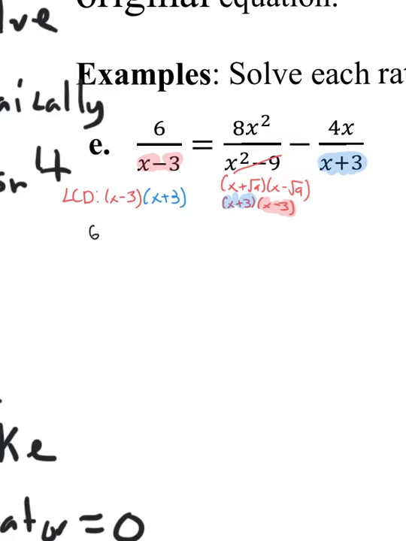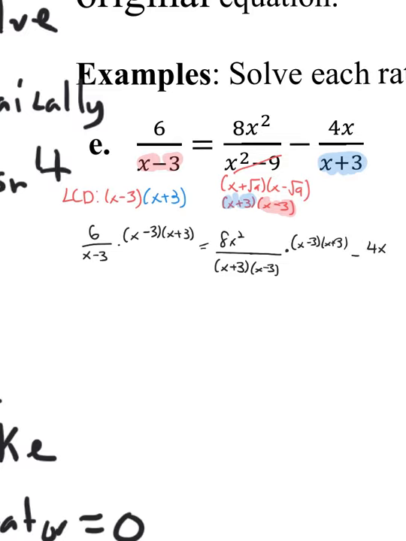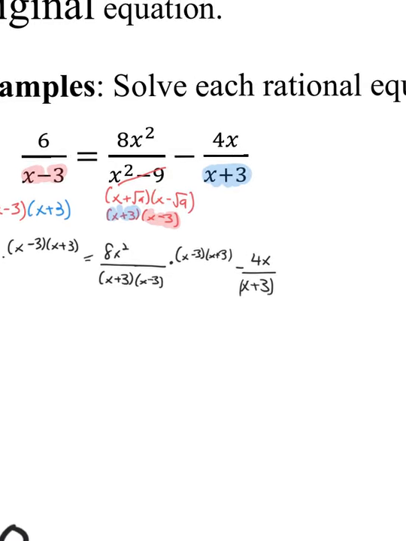Now I can go ahead and multiply everything by that least common denominator. 8x squared over x plus 3, x minus 3. And then the last part, 4x over x plus 3. And then I have times x minus 3, x plus 3.